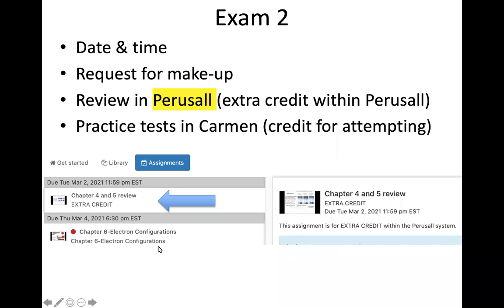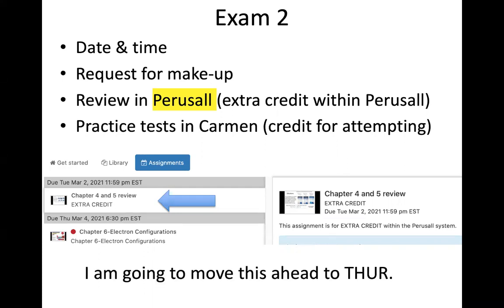I think it's valuable, and I'm enjoying the comments that you're making. I think they're beneficial. So I'm going to move it ahead to Thursday of this week. I had to have it as a placeholder, and I don't want you having to race to finish it this evening, so I'm going to be shifting the deadline. If you haven't gotten to it yet, I think it might be beneficial for you.